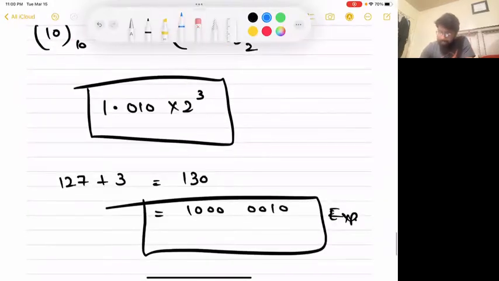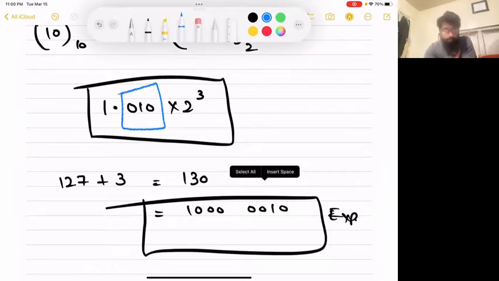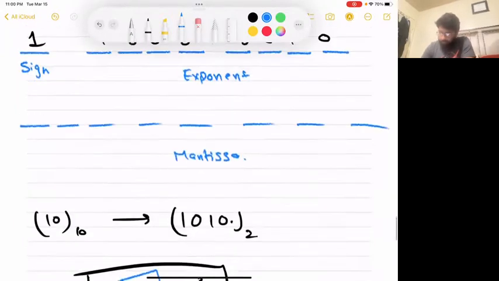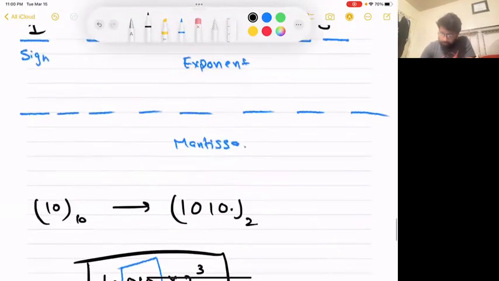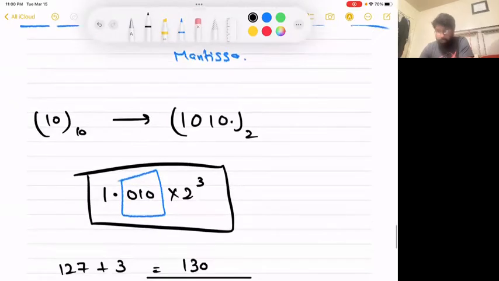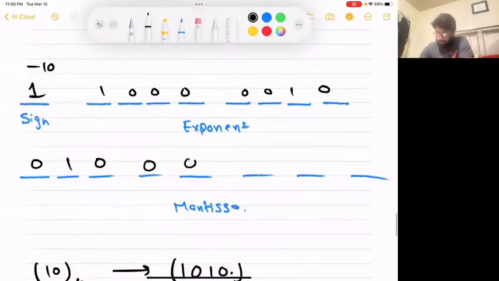Mantissa is everything after the point in normalized form, which is 010. We write 010 in the mantissa, and there is nothing more after this, so we can just add zeros for the rest of the bits.